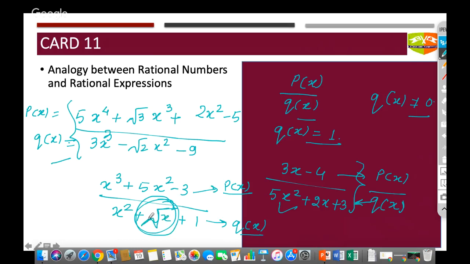Wherever the power of the variable is not an integer, in those situations we will call that the expression is not a rational expression. So here, as the power of x is not an integer, it is 1 by 2, I'll say that this is not a rational expression.